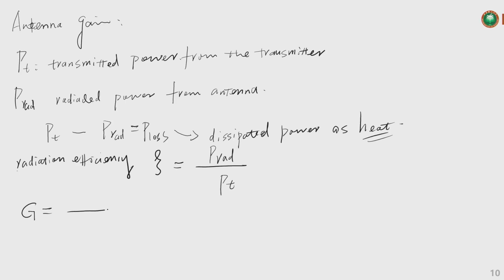It can also be defined by the peak power in one direction divided by the transmitted power, not the radiated power. So just take care. That's why, strictly, there is a difference between the antenna gain and the antenna directivity.